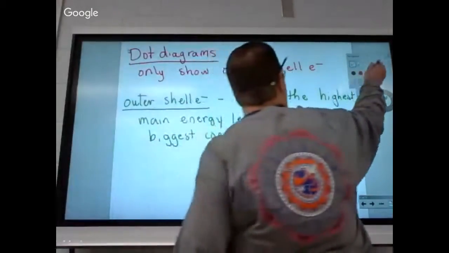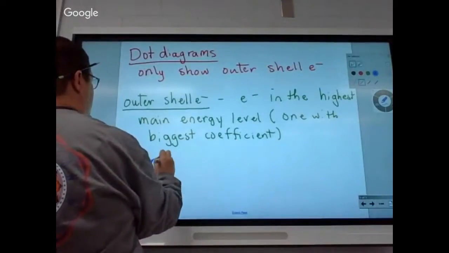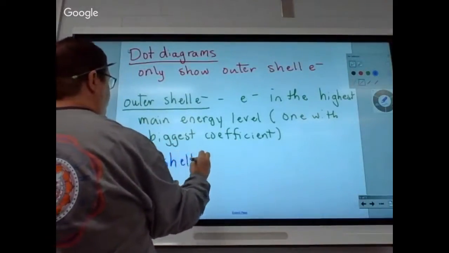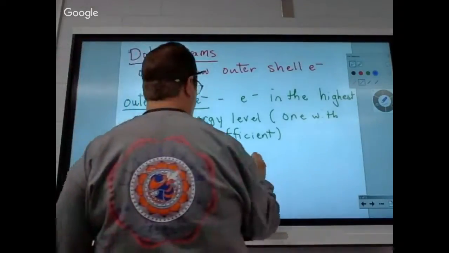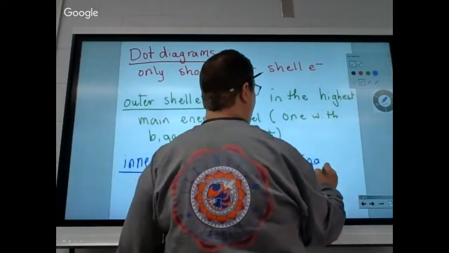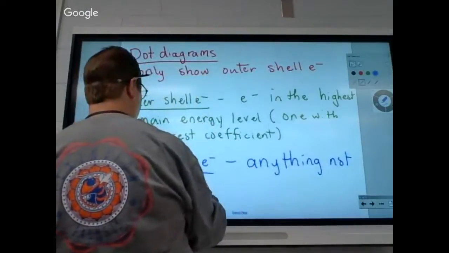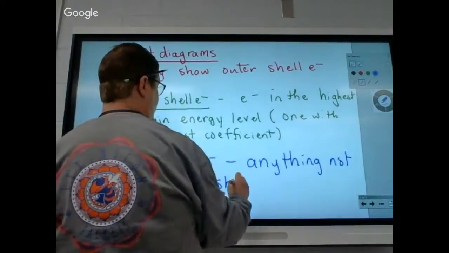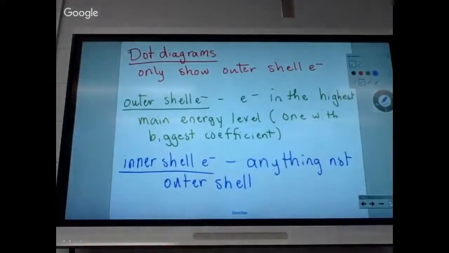Now, the inner shell is much easier to define. It's really kind of a stupid definition. It's basically anything that is not the outer shell. If you're not on the outer shell, you're the inner shell.